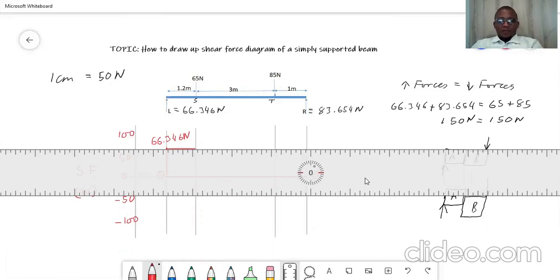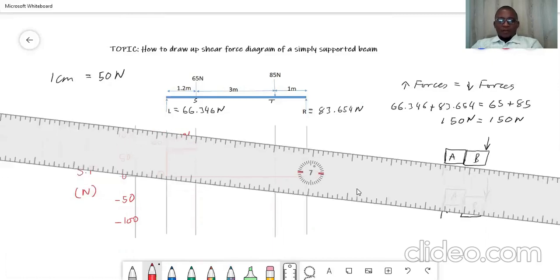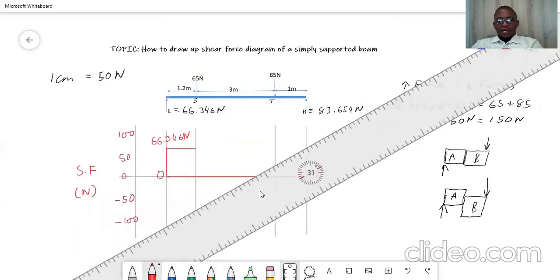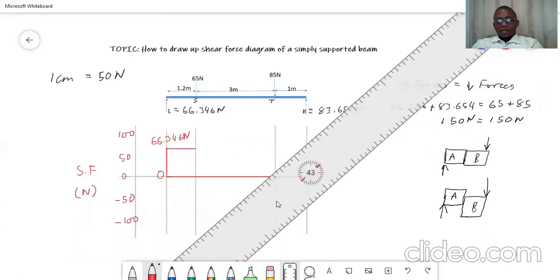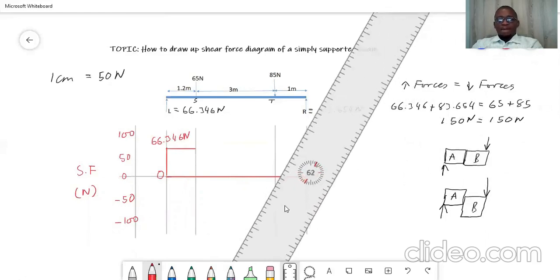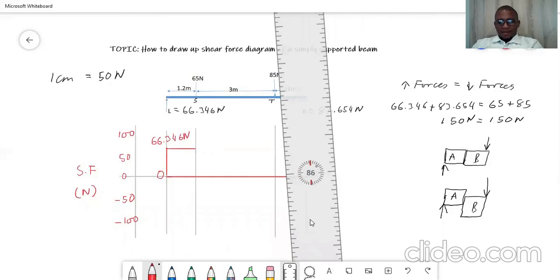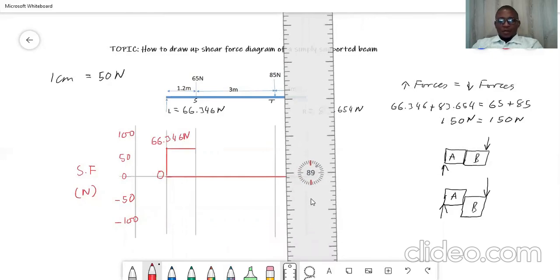Remember, downward forces are regarded as negative, upward forces positive. So on your calculator, 66.346 minus 65. That must give you 1.346.